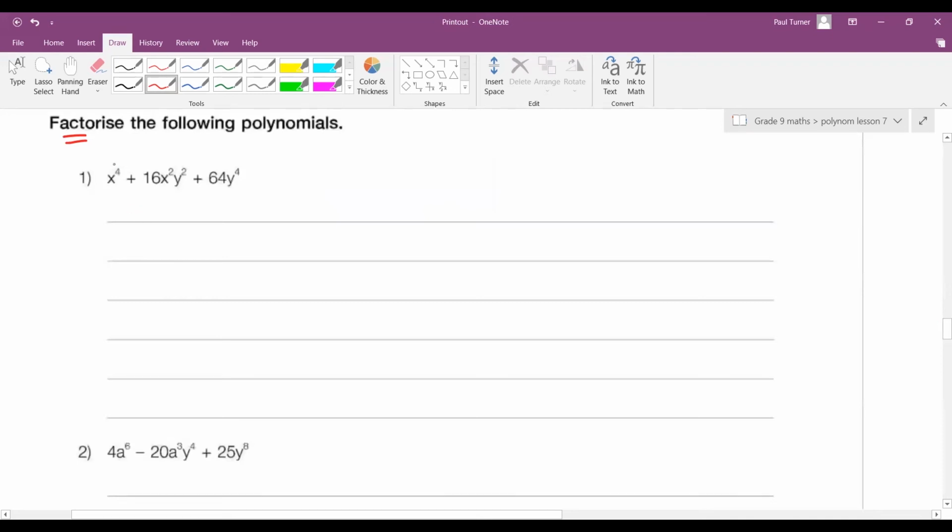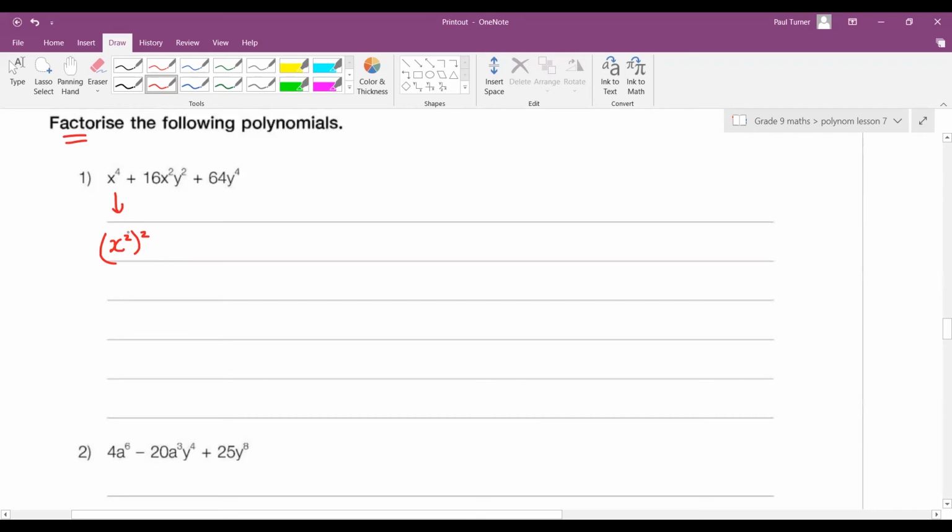So look at your first term, x^4, and the last term, 64y^4. So we will take both of them out and make them as powers of 2. So this is what I think you should be writing in your answers when you show me work in the homework. I'll try to give you a bit more space in the worksheet for the next one, so you've got space for writing.